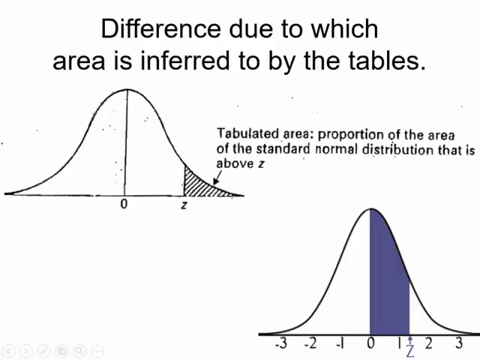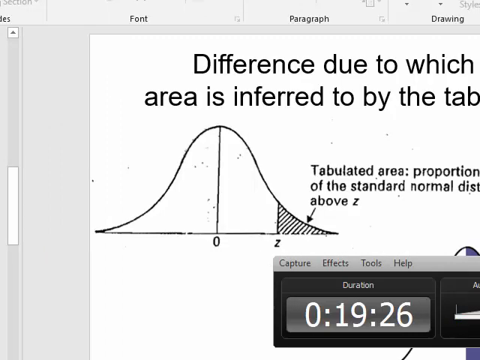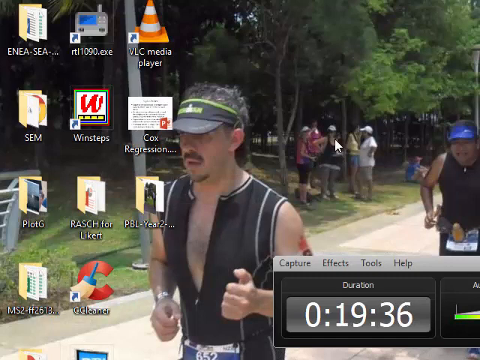The doctor doesn't believe it. I give you the table that we give for the exam. So where do you get the table for the exam? The table that you get for the exam is given to you at drtamil.me.